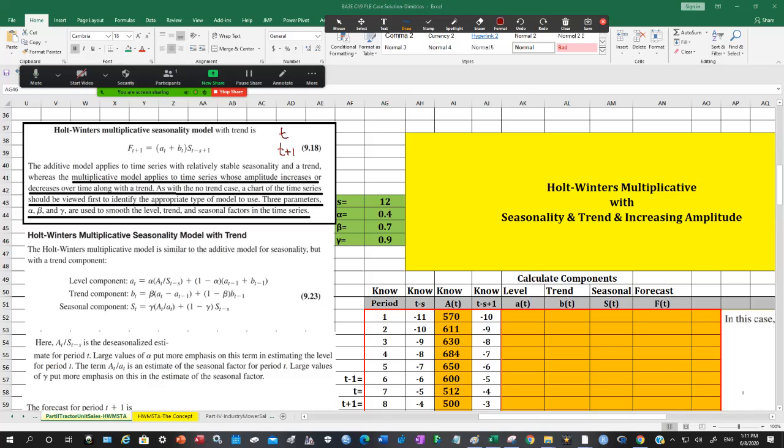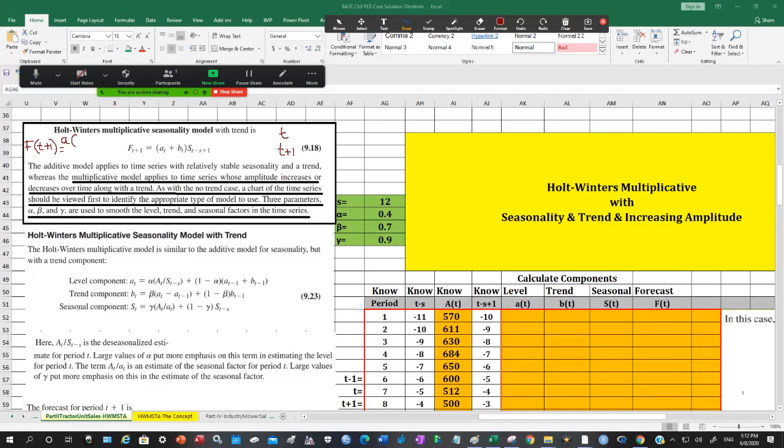So this is the forecast value of the next period, which I can also write as F of T plus 1. The forecast value for the next period equals A, the level component.